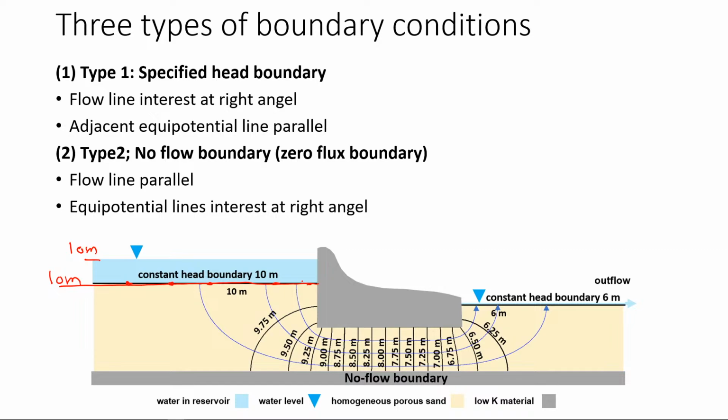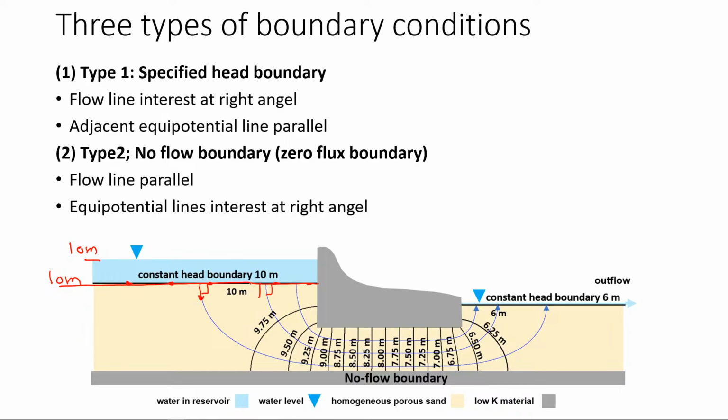Now the important thing, as I told you, is that flow lines will be perpendicular to this specified head boundary, which is an equipotential line because the head here is constant, 10. So I will make a flow line here that's perpendicular to it.